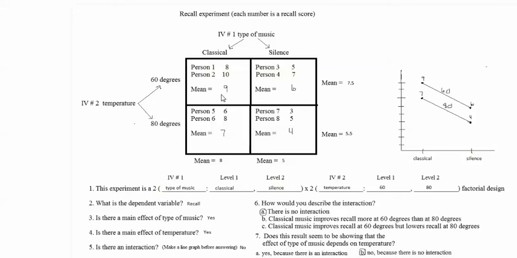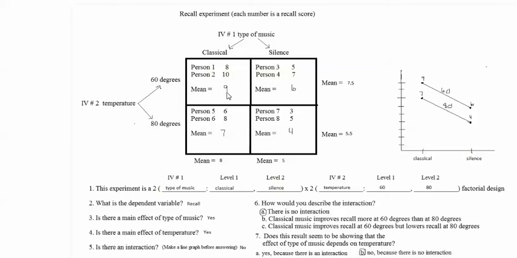If you wanted to just use the table, what you would do is look at how far apart these 2 numbers are in row 1, and look at how far apart these 2 numbers are in row 2. If the difference between the 2 numbers in row 1 is not the same as the difference between the 2 numbers in row 2, then that would be an interaction.